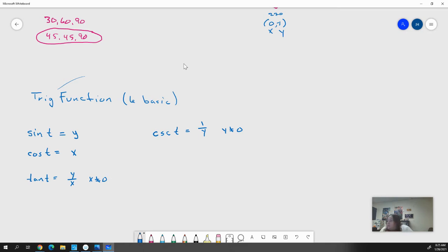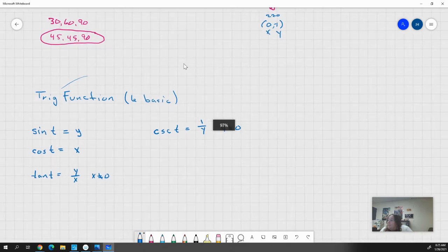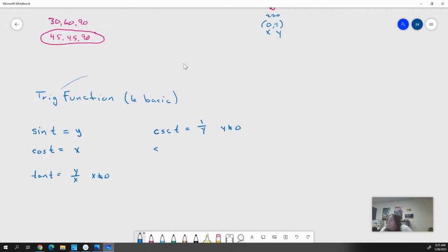Secant of t corresponds with cosine. Anyone guess what that might be? If cosecant is 1 over y, the reciprocal of sine, secant is the reciprocal of cosine. So it would be 1 over x. Again, x can't be equal to 0.